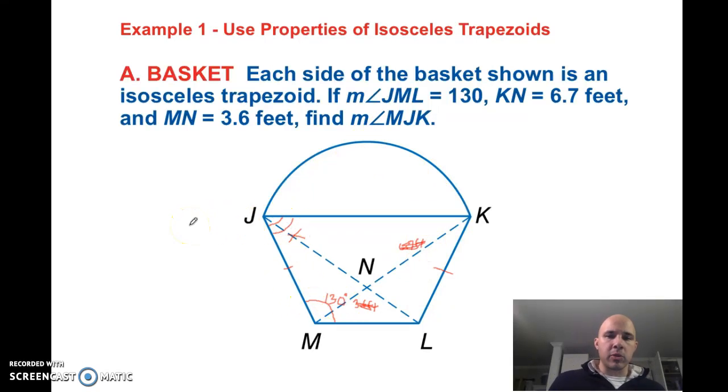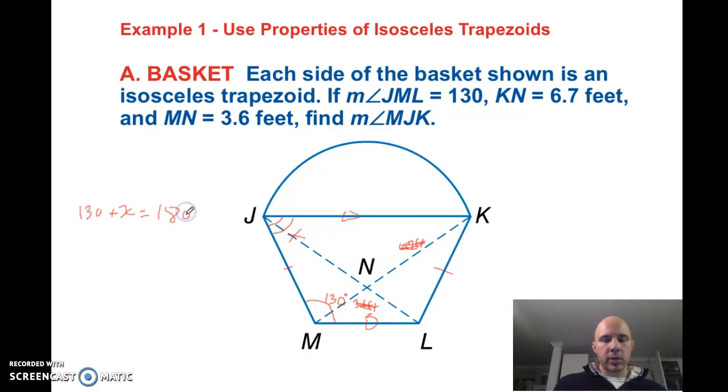What I'm going to do is use the properties of consecutive interior angles. I know, based on these lines being parallel, that 130 plus x is going to equal 180 degrees.